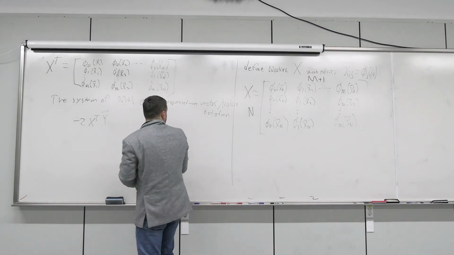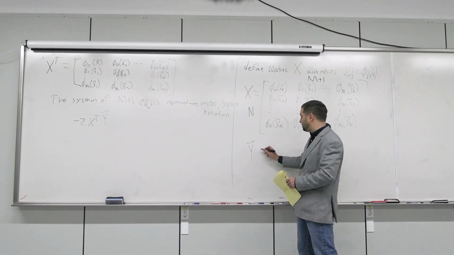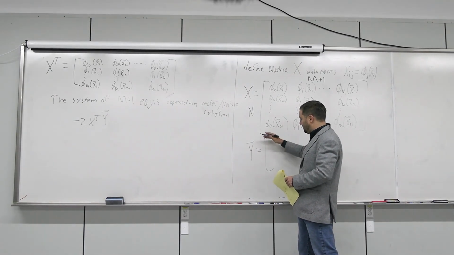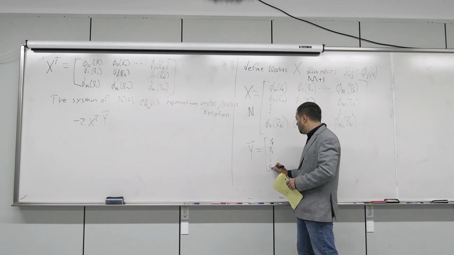And remember, our vector Y, this is from the earlier lectures, is a row vector containing our output variables from our data set. So Y1, Y2, Yn.